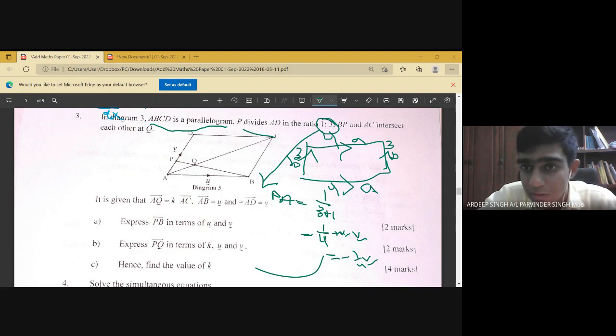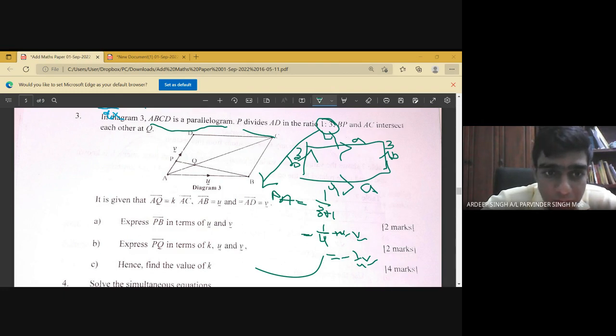After that, they ask to express PQ in terms of K. When you say express in this one, that means you might use the K and all those inside here. So PQ is PA plus AQ. Make sure the building Legos are there. Minus 1/4 V plus K, U plus V. The K and the U plus V here is a constant.